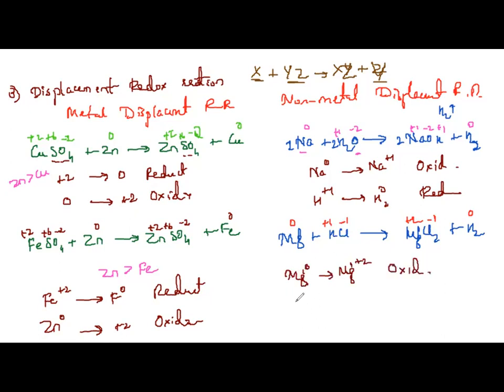Cl remains the same. H from plus 1 becomes 0, gain of electrons, reduction. So both oxidation and reduction are there. It is a redox reaction, which is non-metal displacement. The non-metal has been displaced from its solution. Most important is that in a non-metal displacement reaction, there is evolution of hydrogen gas.